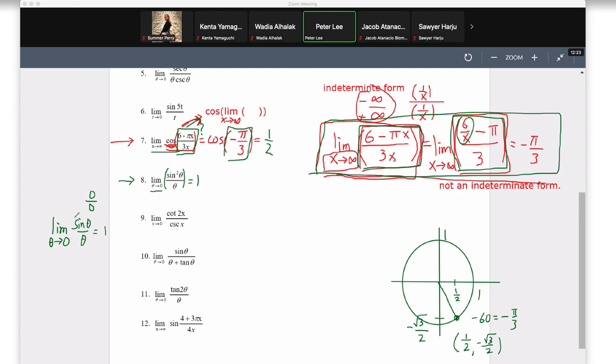So basically, the first thing is you check for any limit whether the limit is an indeterminate form, and if it is an indeterminate form, then look at this limit here. The argument of the limit includes the trig function, sine theta.